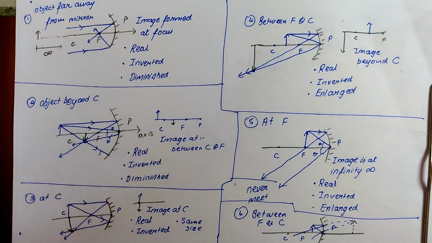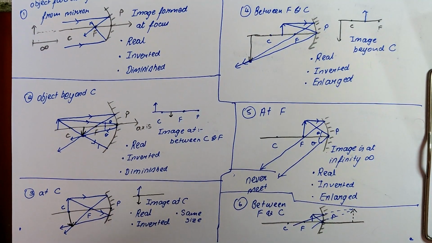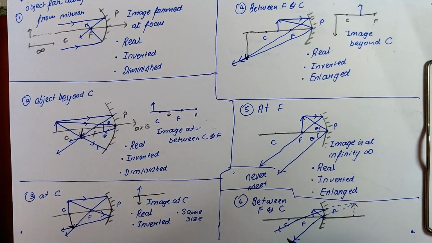Now the rules that I've used here are rule number 1 and rule number 3. But notice the light rays on this side are going away from each other. It's not going to meet here.